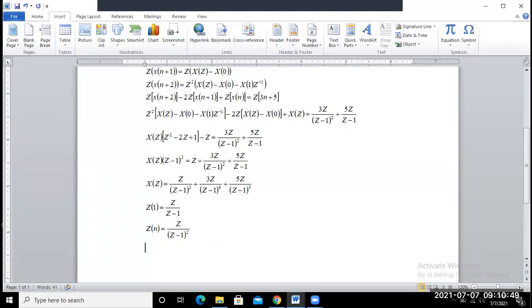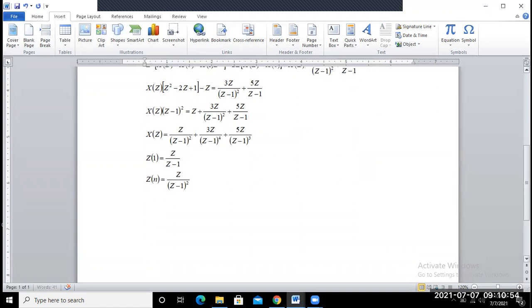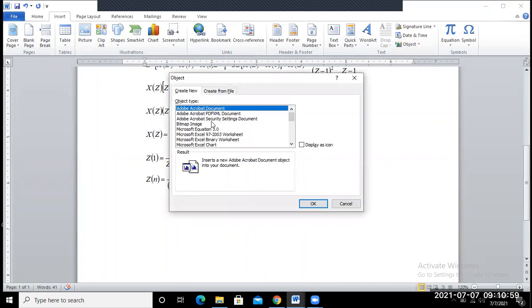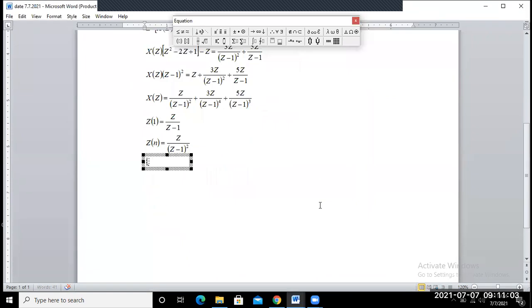Similarly, the z transform of n square can be written as z square plus z by z minus 1 whole cube.